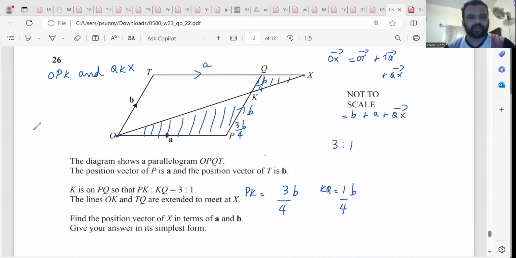So I'm drawing the triangles separately here. I'll write OPK.